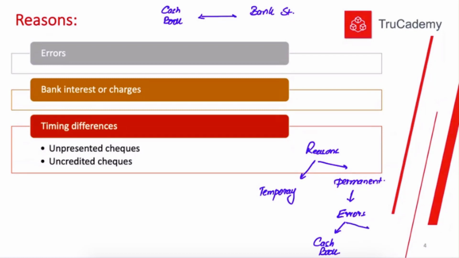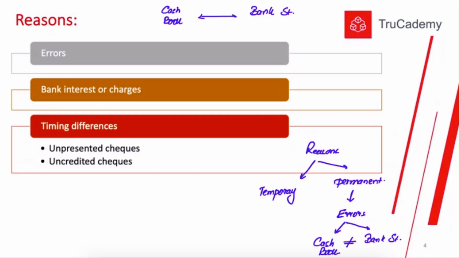Or humans are also working in banks, so there can be an error in the bank statement by bank staff. Obviously the bank statement balance will not match up with the cash book. So due to these errors, the cash book balance will not match up with the bank statement. This is what we call permanent difference.